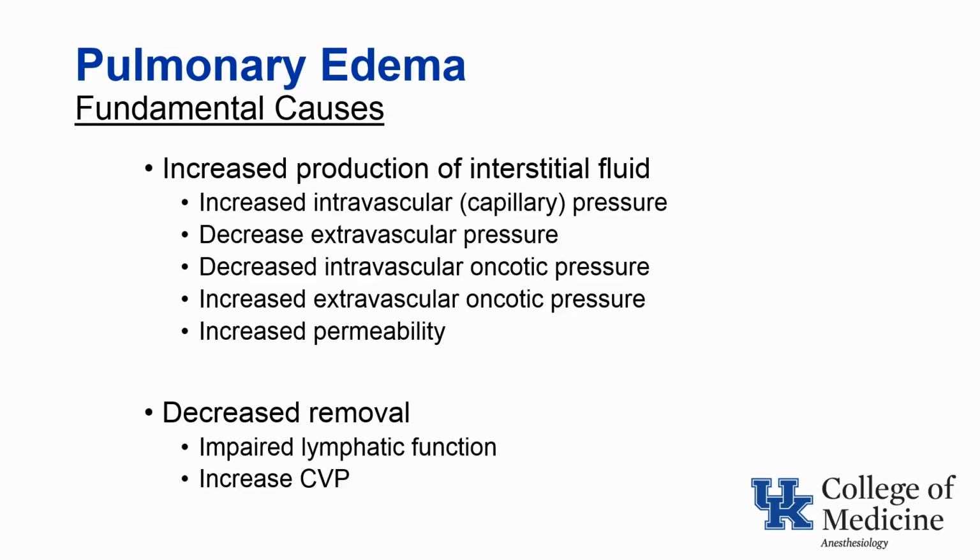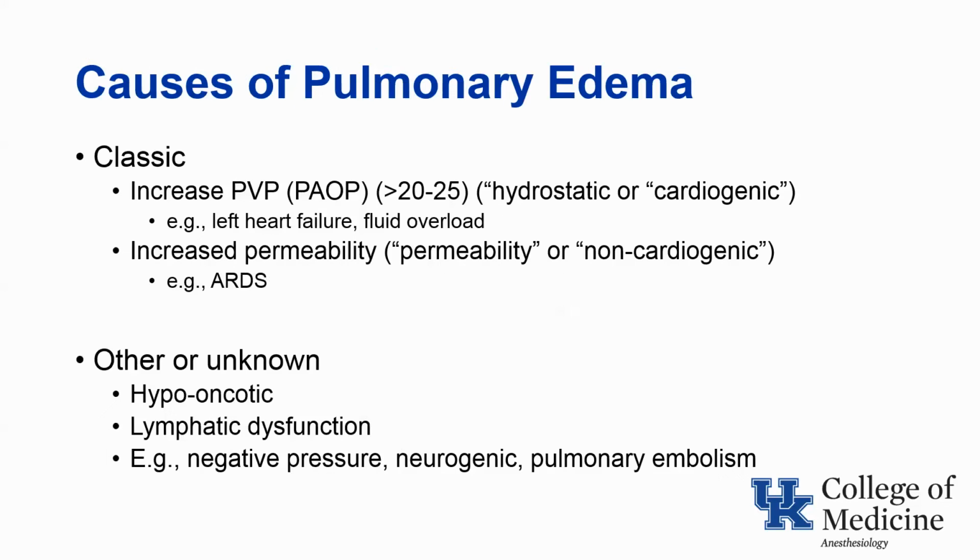Pulmonary edema is due to an increased production of interstitial fluid. On this slide, I have summarized some of the factors that influence the production of interstitial fluid in the lung, and factors that are essential for its removal. And one of the most important is central venous pressure and lymphatic function.